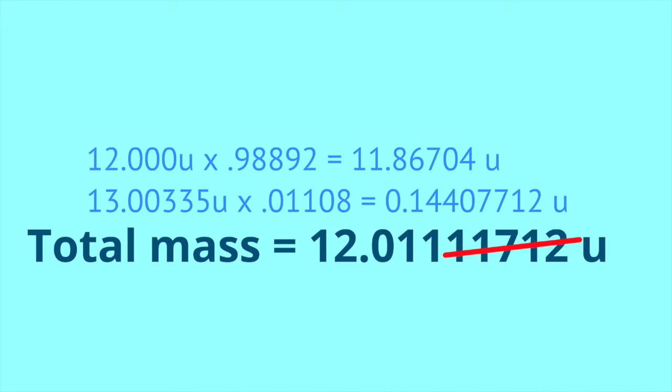As you can see, we get a total mass of 12.0111712 atomic units. But why is it that I had to cross off the last set of numbers?